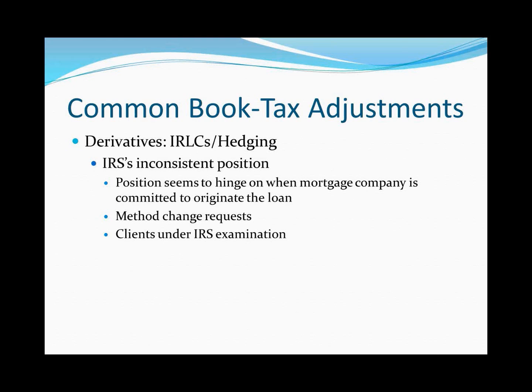That first bullet point really hits the nail on the head. The IRS's position seems to hinge on when the mortgage company is committed to originate the loan. What we're trying to discuss with them is that the day an interest rate lock commitment is agreed to between the borrower and the mortgage company, nobody's under any obligation to really do anything.